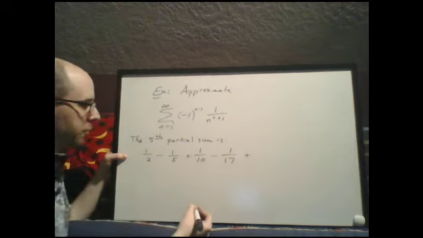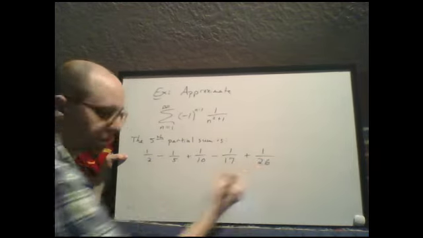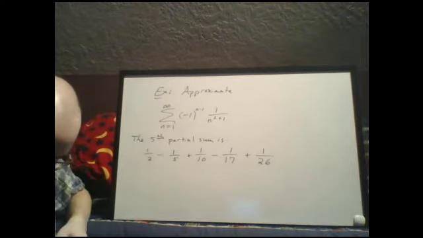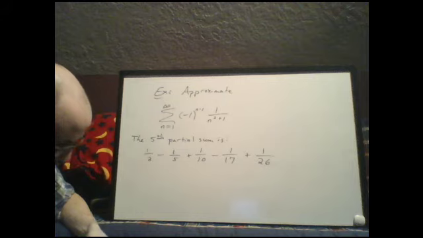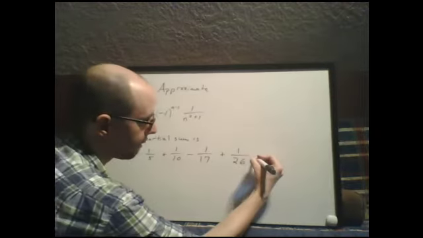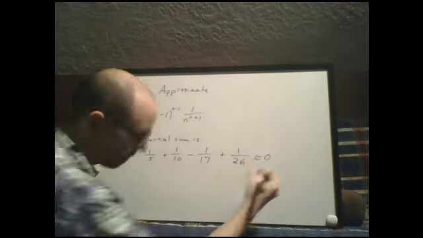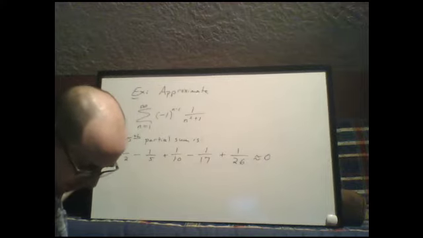Then my fifth term would be 1 over 26. Okay, so if we add these, we get approximately 0.37964.